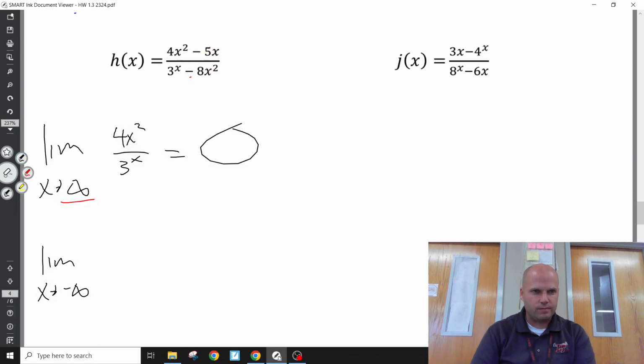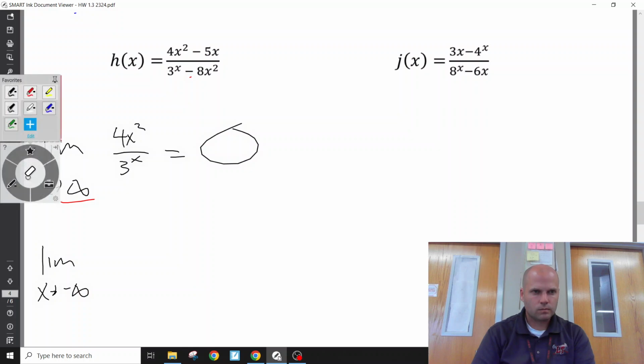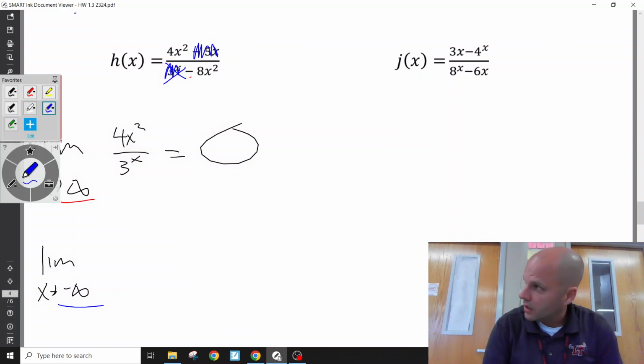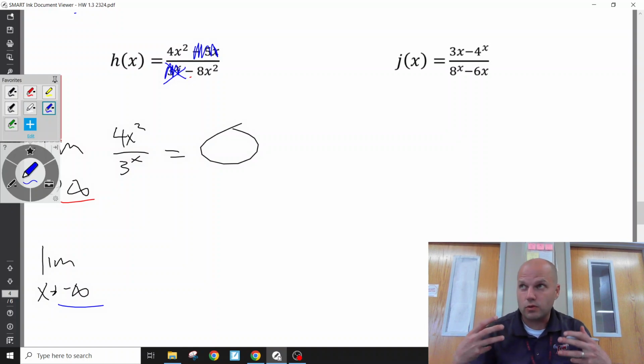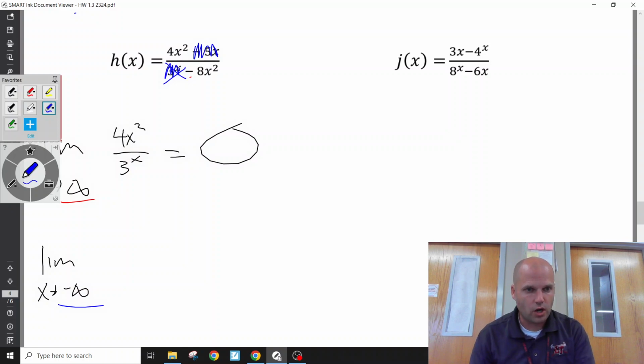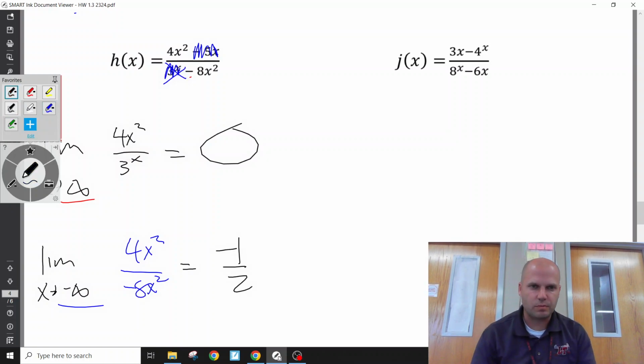In the other direction, cool. In the other direction, 3 to the x is 0. That's no growth. 4x squared is still faster than negative 5x. Okay? Like negative values squared, still going to be bigger than just negative values. So I end up with 4x squared over negative 8x squared. The growths will cancel, give me negative a half after simplifying.